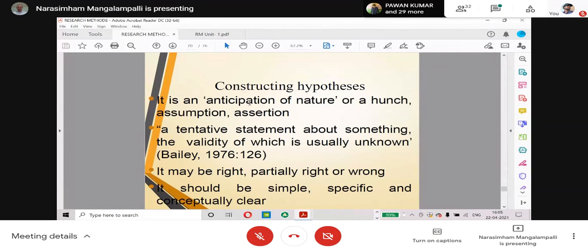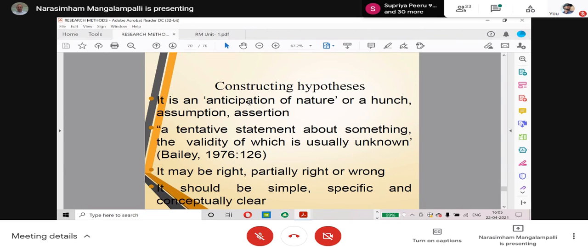So whether that relationship is in accordance with certain aspects which are known to the scientific community, or is it in accordance with the nature's behavior? So like that, you can always identify through a statement your entire concept of doing the research. That is what is called as a research hypothesis.